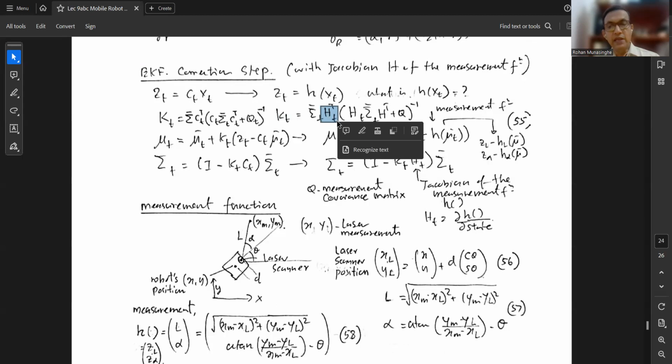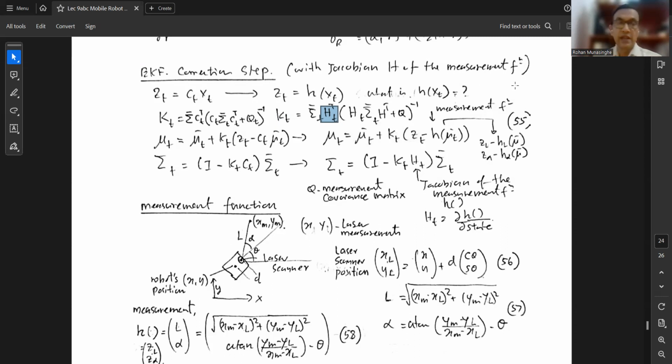And keep in mind that you don't measure all of the state variables. If you have n state variables, you may measure only part of them, or something else altogether. That's all right. When you write down the equations, you write down how they are related.